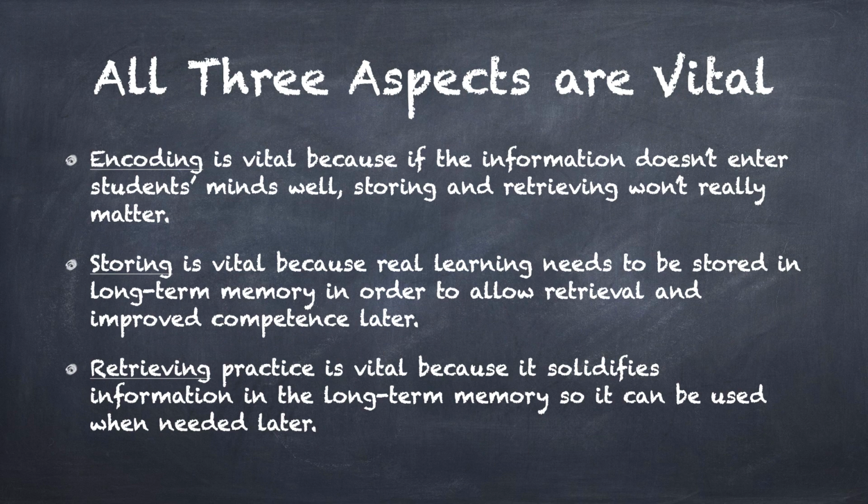Storing is vital because if you're only putting it in short-term memory, you're going to forget it, and it's not going to be usable later, and it's not going to be able to be recalled as real knowledge. And retrieving is vital because if you don't refresh it by retrieving and bring it into working memory to put it to use, if you're not familiar with how to do that, even if it's in long-term memory, it's not going to be useful to you because you're not going to know how to bring it into actual use.